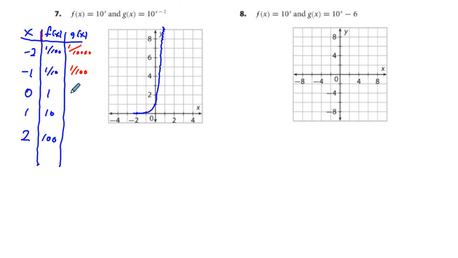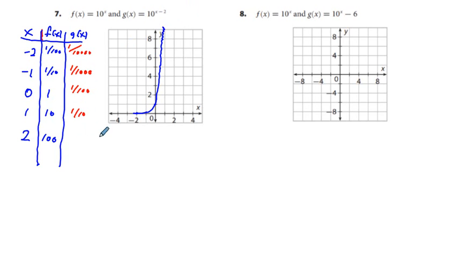If we plug in 0, we get 10 to the negative 2 power, which is 1/100th. If we plug in 1, we get 10 to the 1 minus 2, or 1/10th.